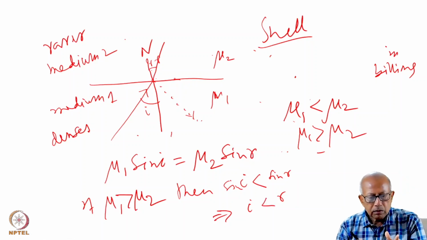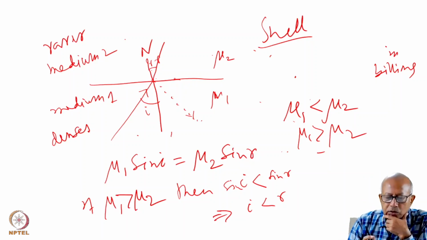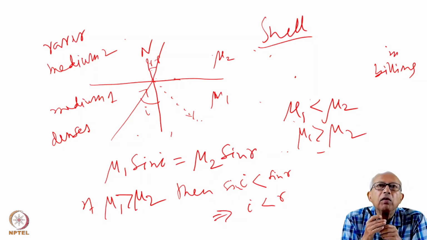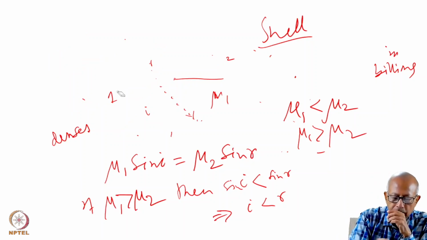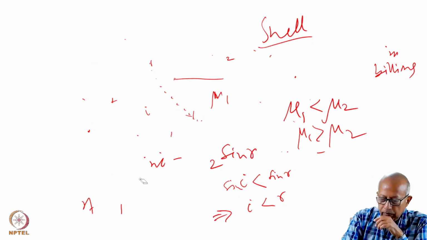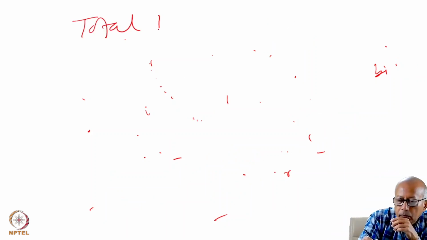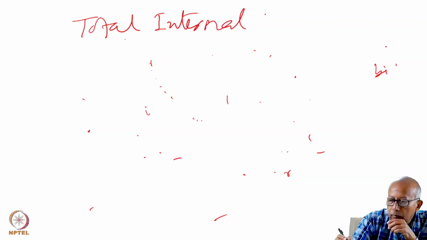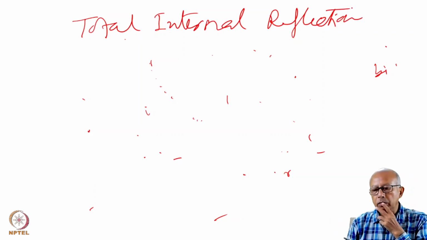Now, from here we understood that there could be another very interesting kind of reflection, which is known as total internal reflection of light.